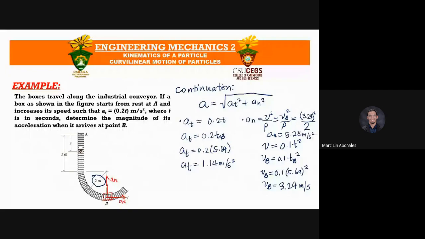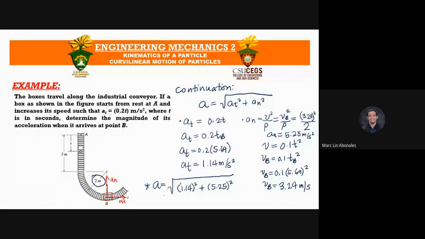So now that we have a_t and a_n, we can solve for the acceleration of the box when it reaches point B. That would be equal to the square root of 1.14 squared plus 5.25 squared.